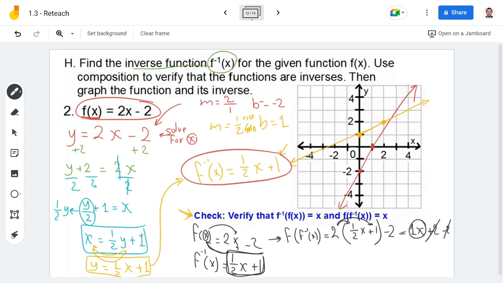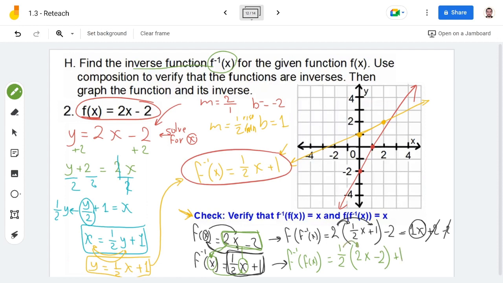Now let's try the second one. Now we will take this one and replace it in the x here. So it will be the inverse of f of x, which means I put f in the x of the inverse: 1 over 2 times (2x minus 2), plus 1.